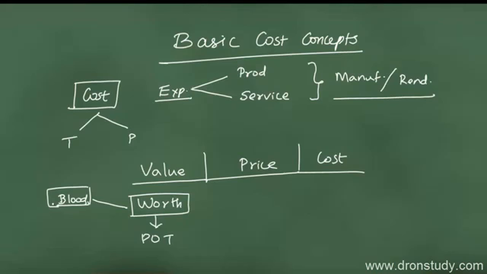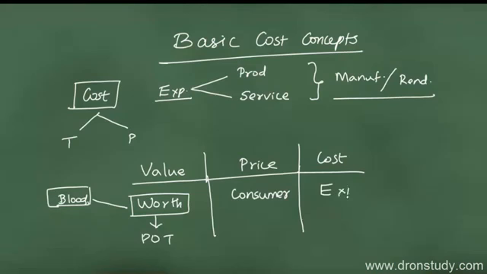So that's about value. Whereas price is something which is paid by the consumer in exchange for a product or service. I'll take the product from the seller and in turn I'll pay some money. Whereas cost is something different. Cost is different from value and price. What is cost?